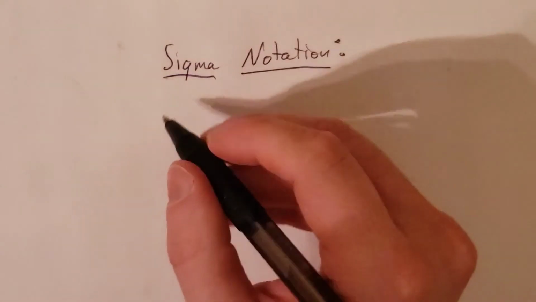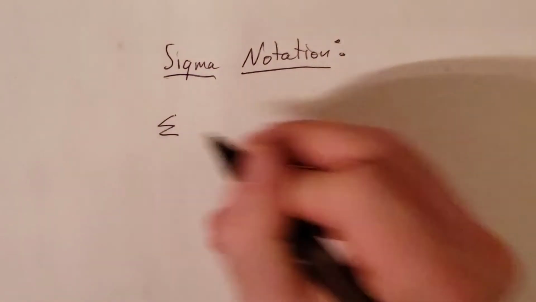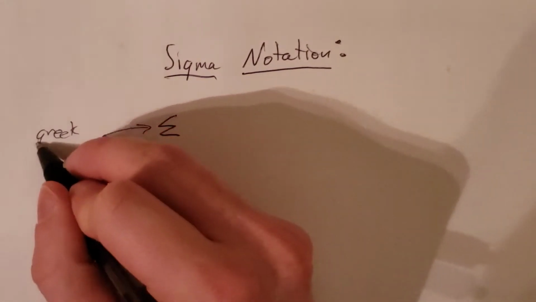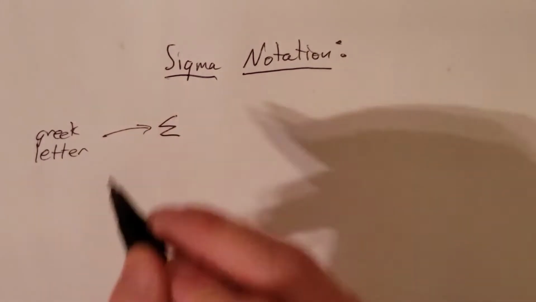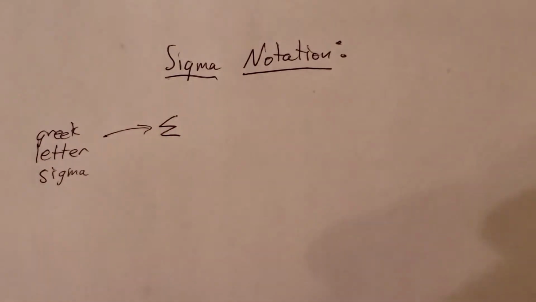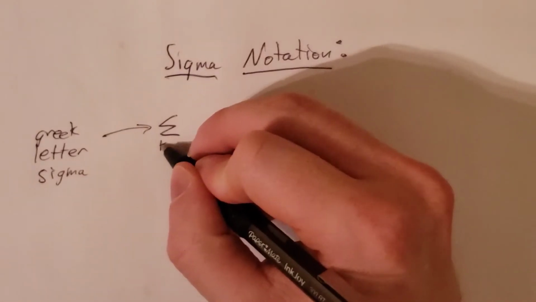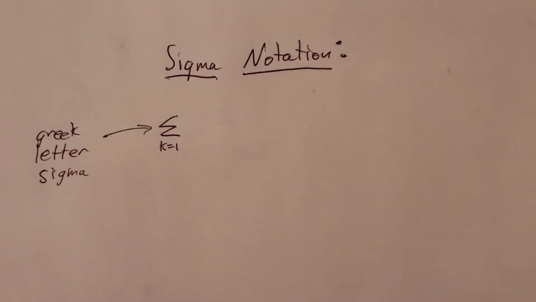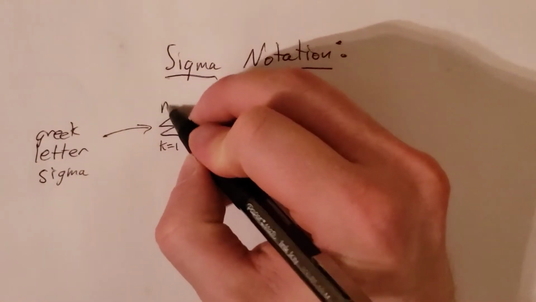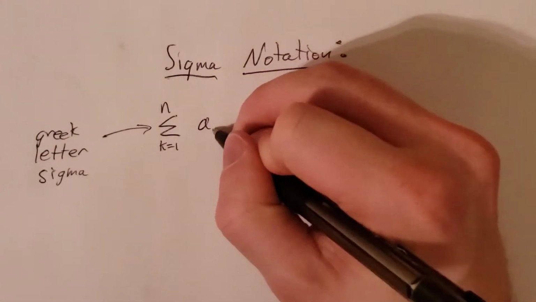So our sigma notation is the Greek letter sigma. Below that, we'll write k equals 1 to say that we start at index 1 all the way up to n of some a sub k.